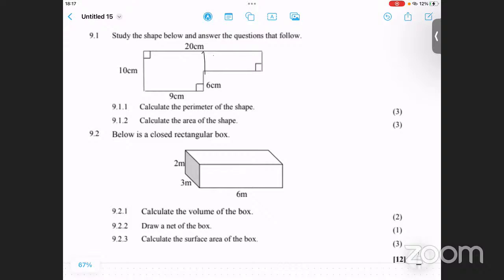Now, before we answer the question, what do you understand by the term perimeter? Guys, are you still here?